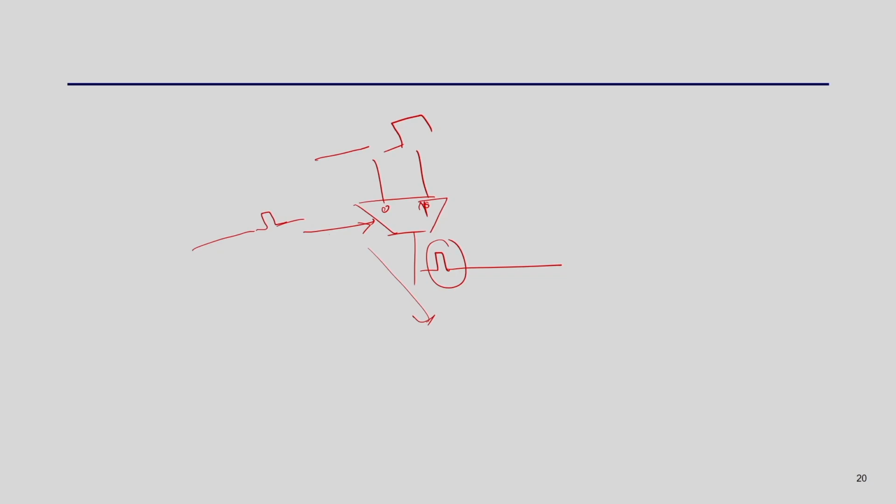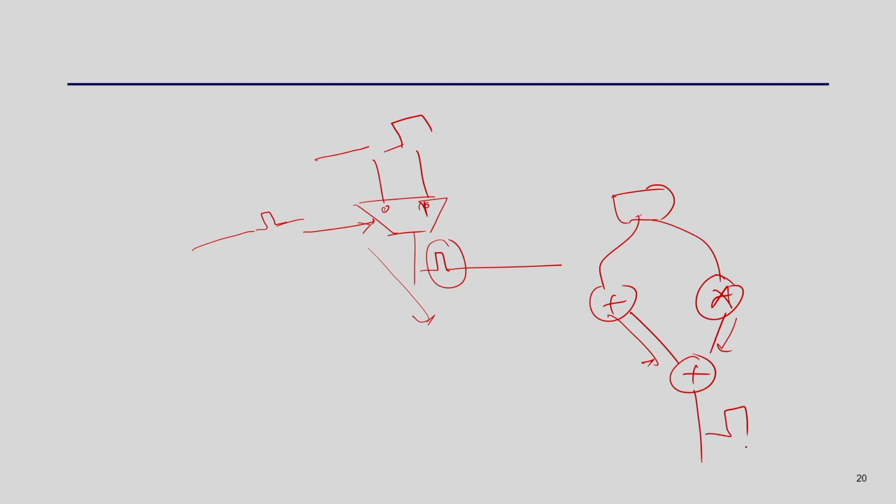Think about an adder whose input is coming from an adder and a multiplier, right. Obviously, this will come first and this will come a bit late, so there will be some delay here, and as a result there will be a glitch at the output of this adder, right.